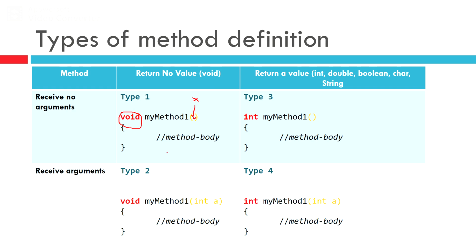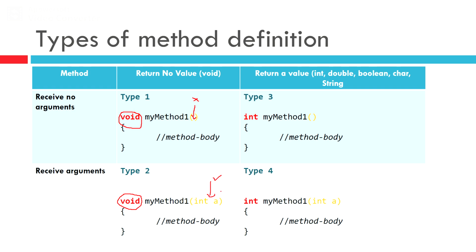Now, the second type of method definition is also a void type. A void return type. Okay, return no value is a void return type. But there is one parameter.